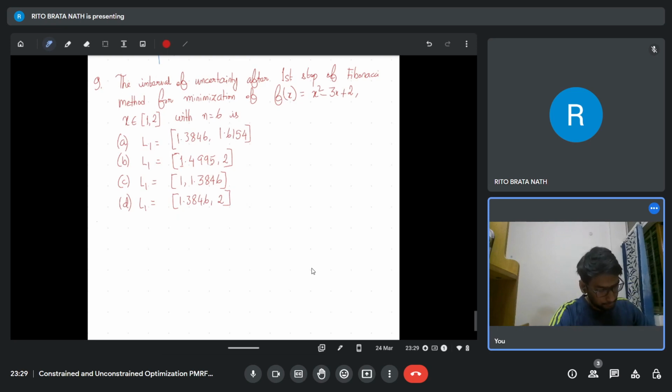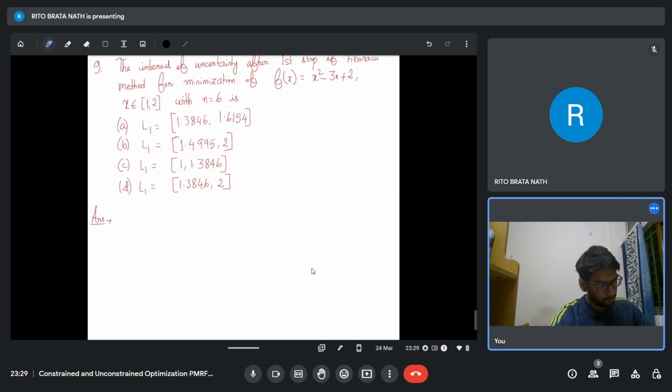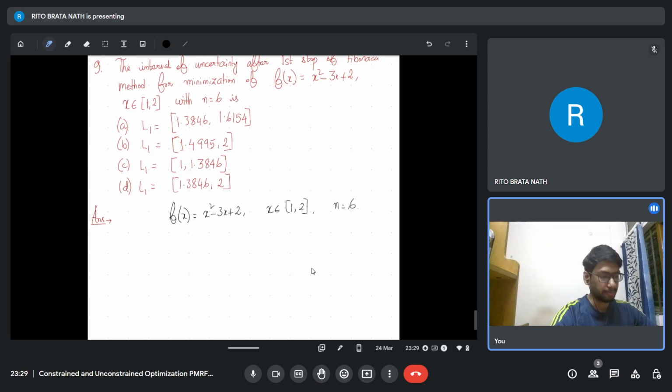So let me solve this problem. What's given here is this function expression, x square minus 3x plus 2, x belongs to [1, 2], and n equals 6, which is used in the Fibonacci search method.